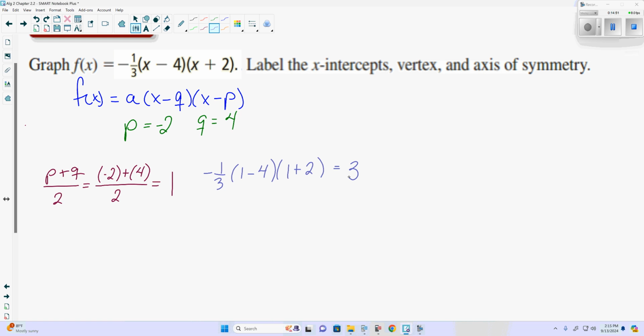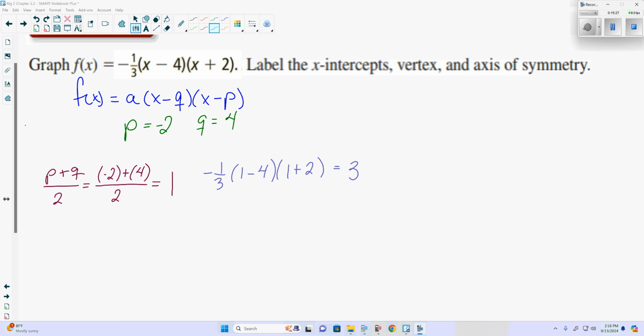And it might seem a little weird that we started out with a fraction and ended up with none. So our first one, 1 minus 4, is -3, yes? -3 times -1/3. Negative negative makes a positive. 3 times 1/3 is 1. First thing's 1. 1 plus 2 is 3. 3 times 1 is 3. So it worked out nicely.